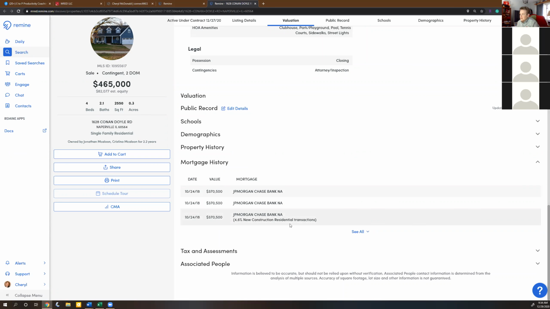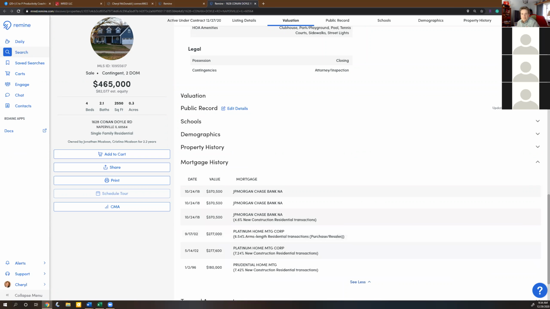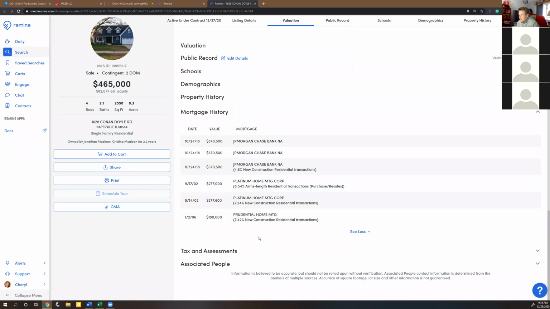Oh, new construction. Okay, it looks like in '96 they got a construction residential loan. So that must have been the purchase of the land.